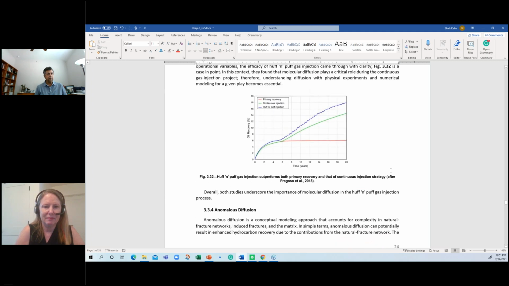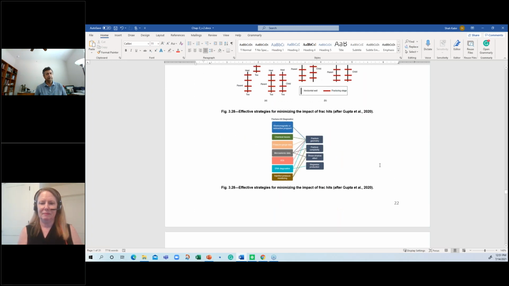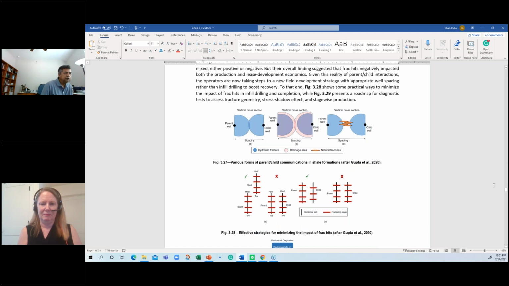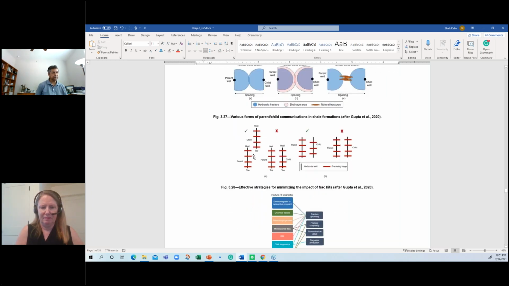One item I'd like to point out is the so-called frac hits, because what we're doing in the industry these days is that we have a parent well, that means an older well, and then we bring in a child. They're naughty, as we all know. The point is that there is an interaction that occurs, and that interaction is harmful to the parent.